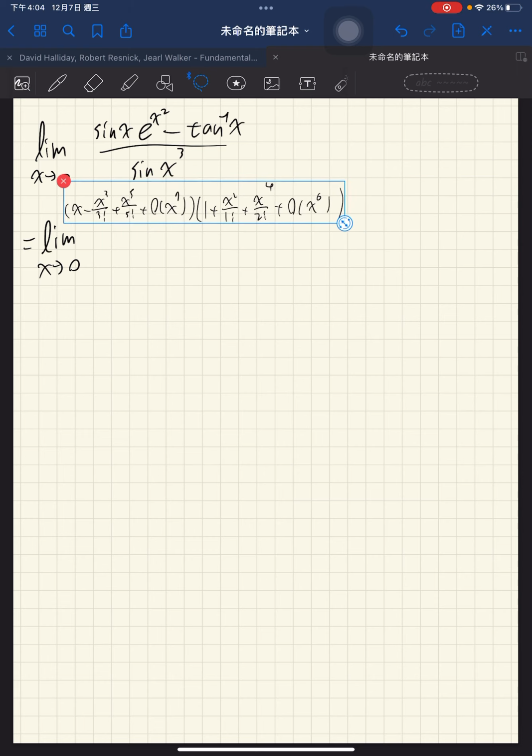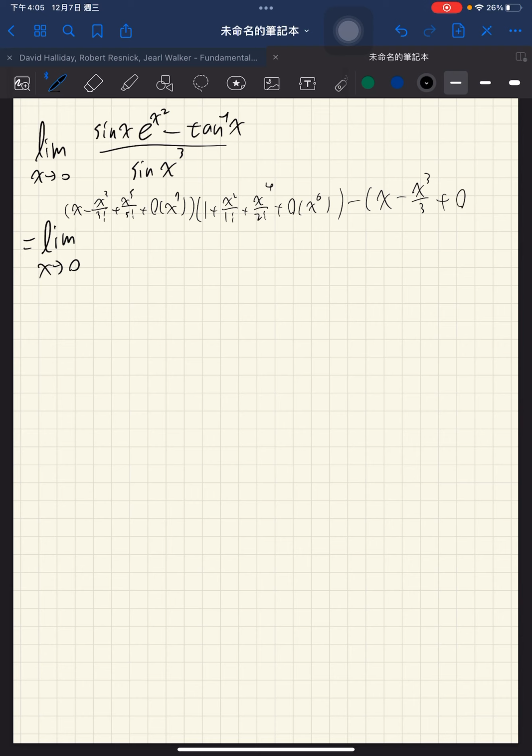Okay. Then put arctan here. Minus x minus x minus x to the third power over 3, and I think this is enough.